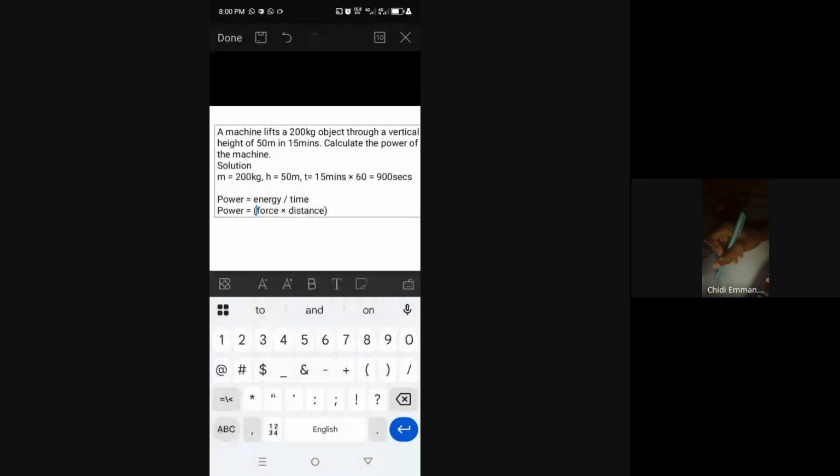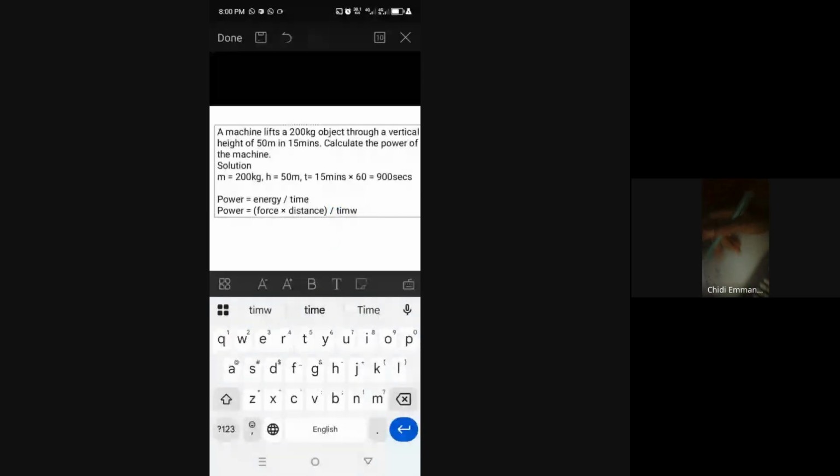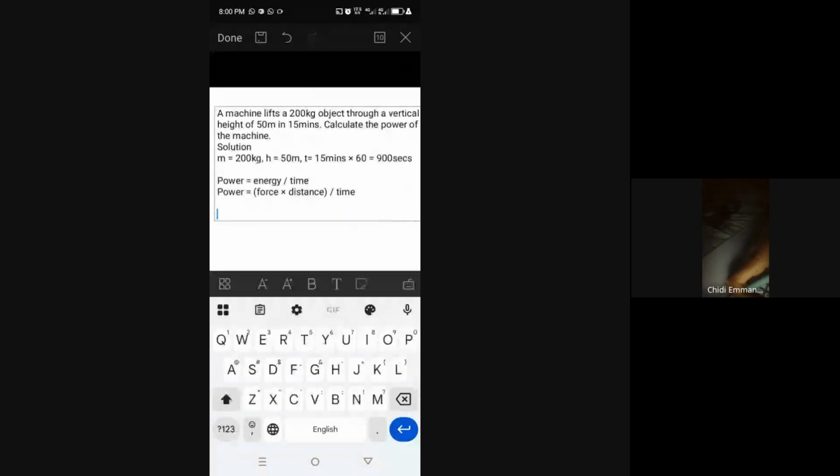Force times distance. So power can be force times distance over time. Now, if you look at the question, we are not given force, but we are given mass. So let's calculate the force first.